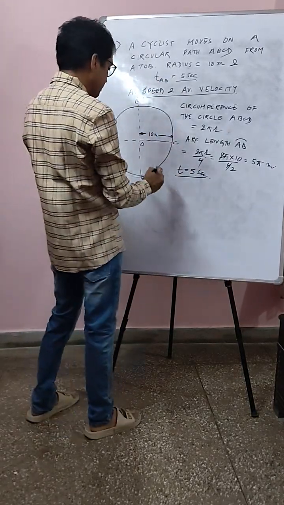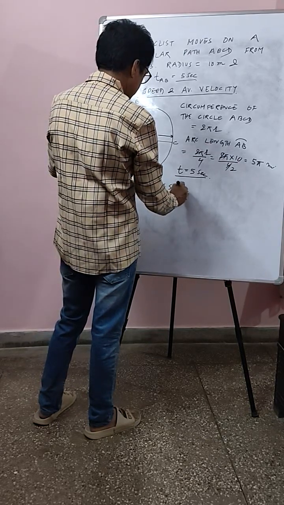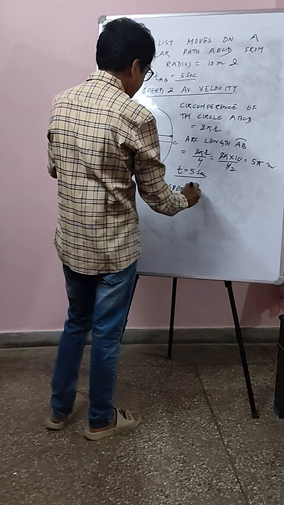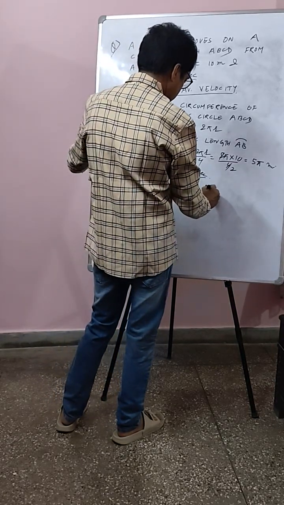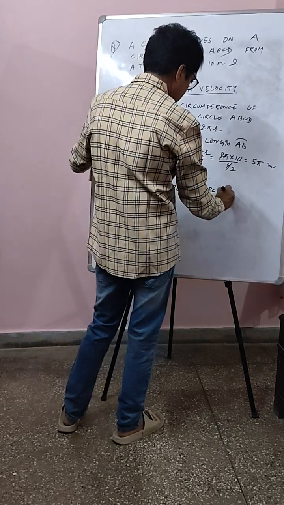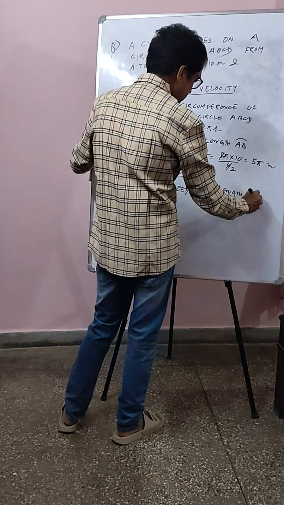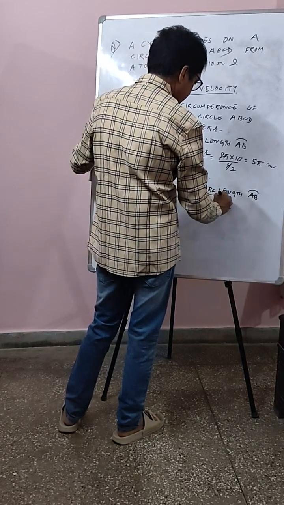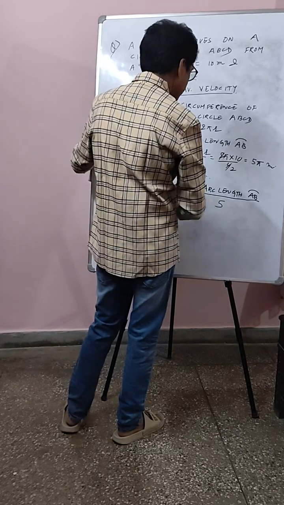Now the first part, average speed, equals arc length AB upon time taken, which is 5 seconds.